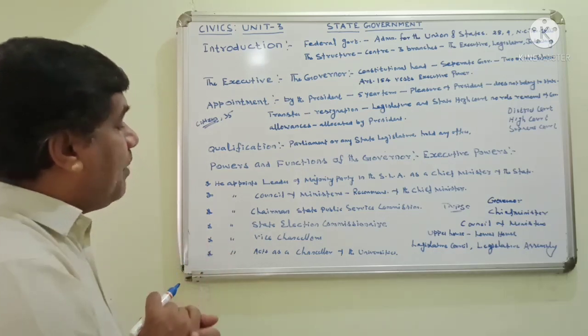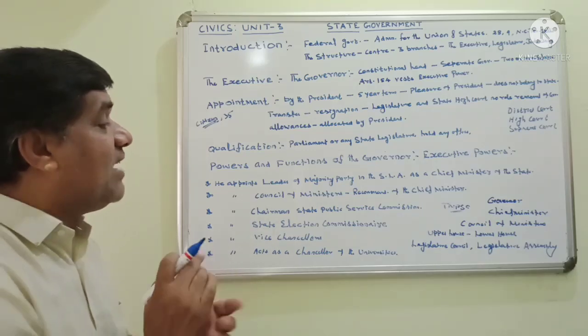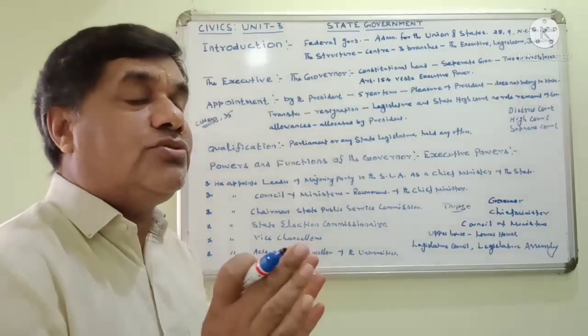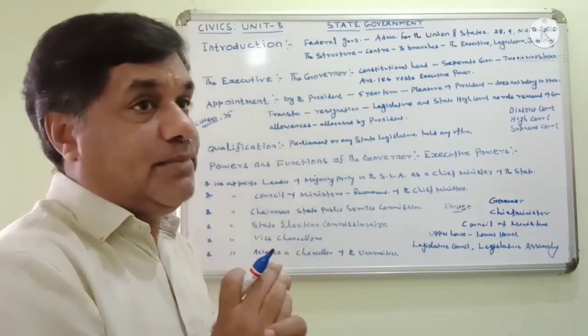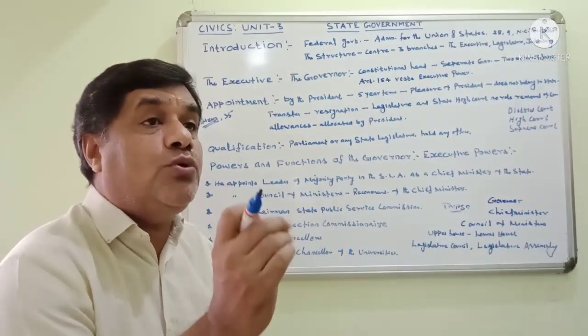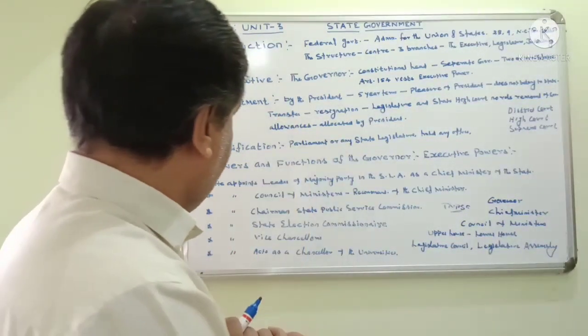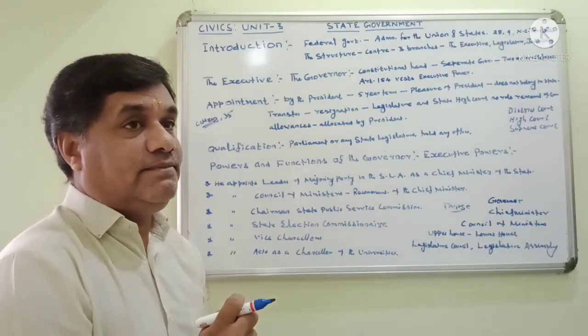The governor acts as the chancellor of the university. The governor is the head of the university. The power of chancellor of the university goes only to the governor.